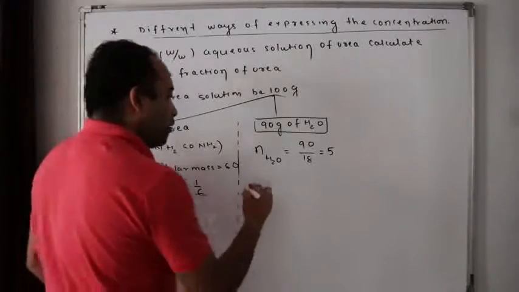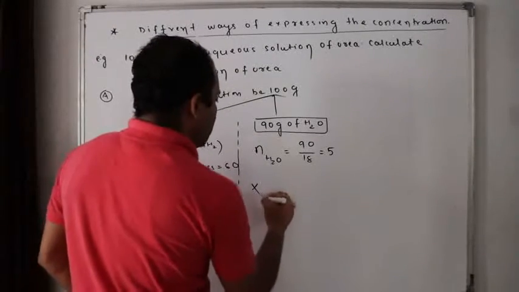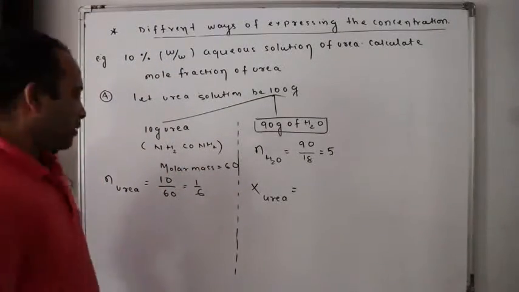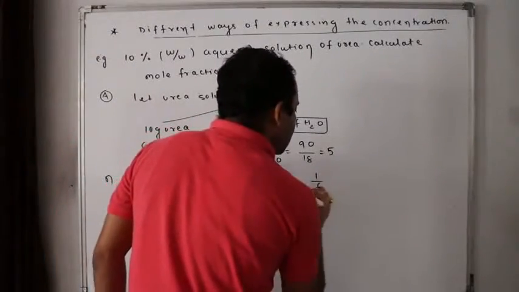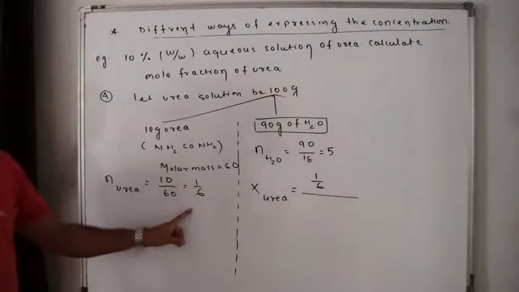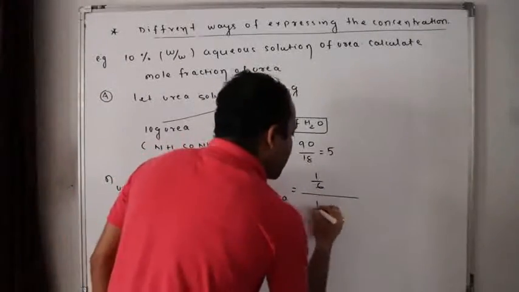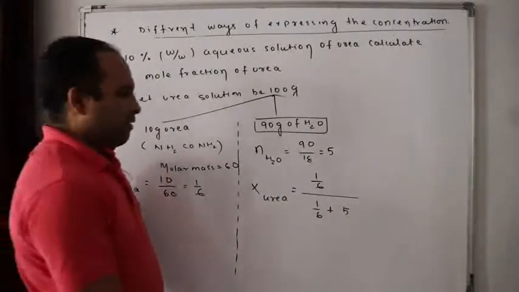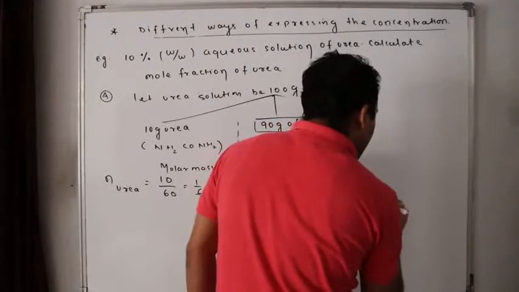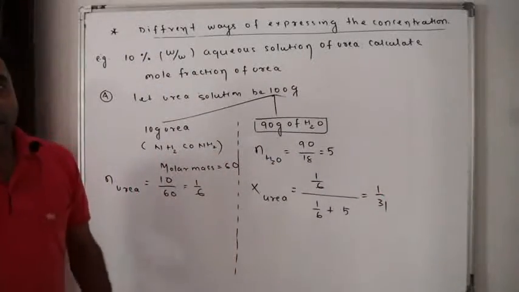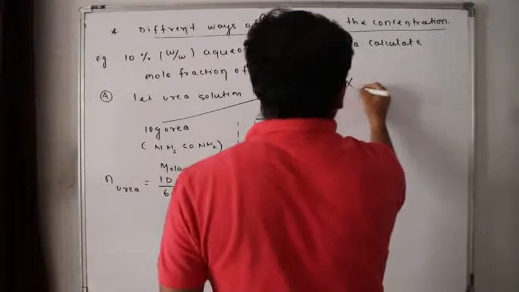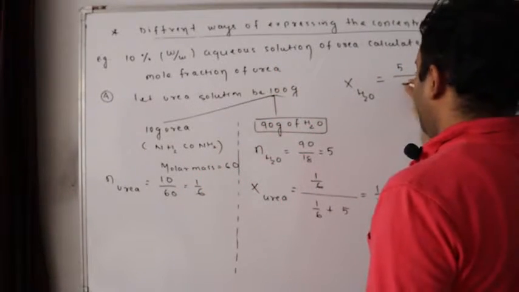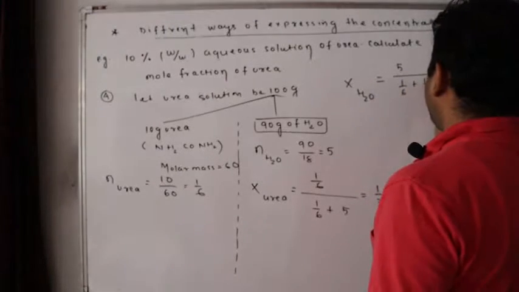Now tell me how to find the mole fraction of urea. The number of moles of urea, 1 by 6, by total number of moles, 1 by 6 plus 5. If you calculate it, it will be approximately 1 by 31. Now if someone asks you how to find the mole fraction of water, is it necessary to write 5 by 1 by 6 plus 5?